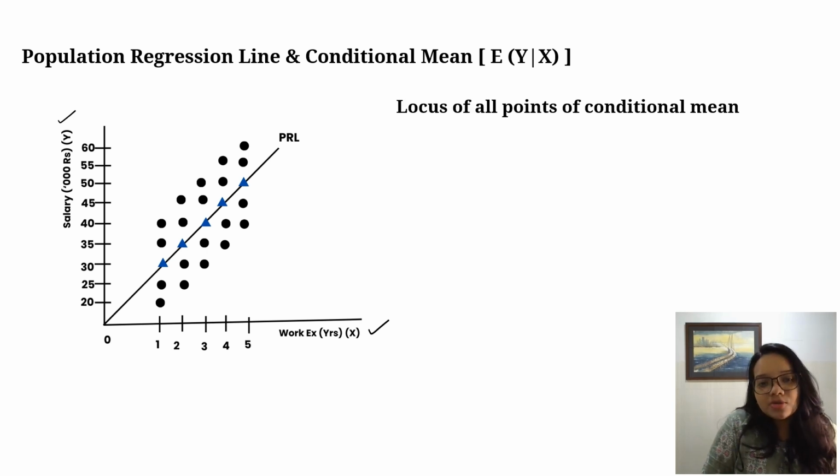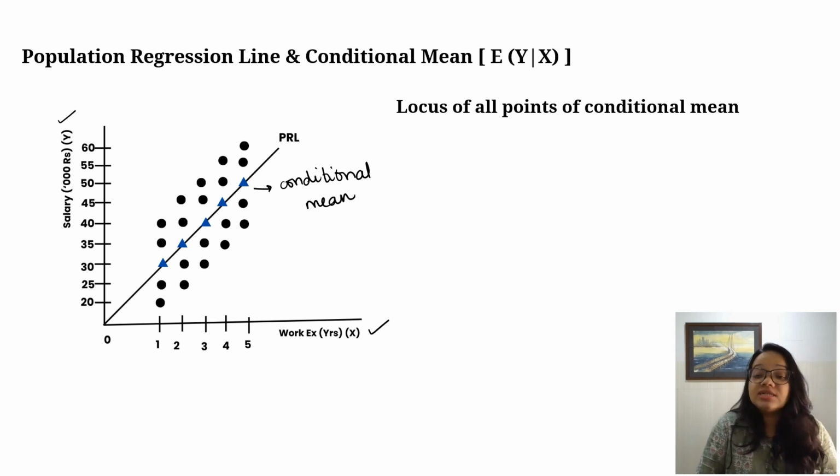So your small blue triangles are your conditional mean, and your small black circles are all your other individual observations. So for 3 years of work experience, expected salary that you can get is 40,000 rupees.